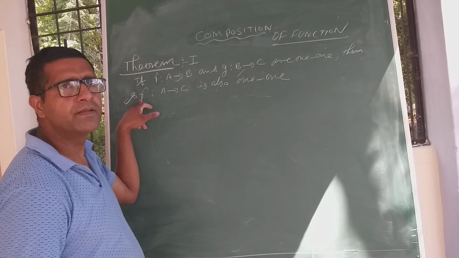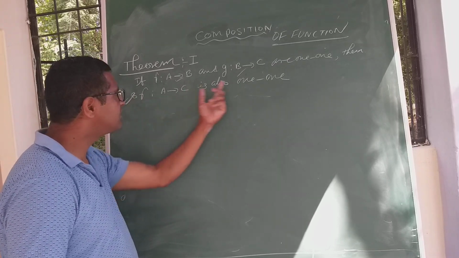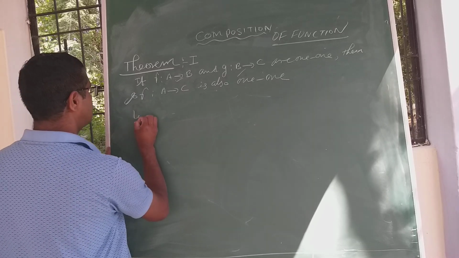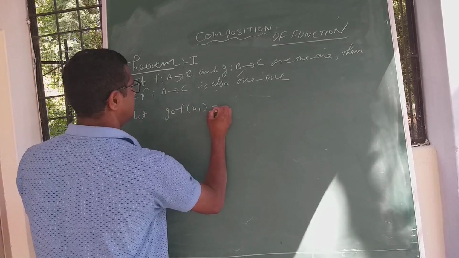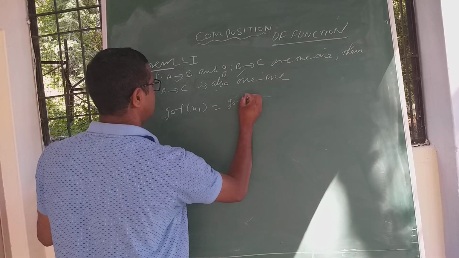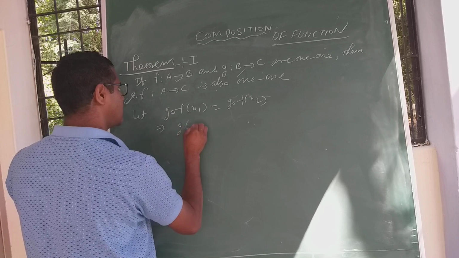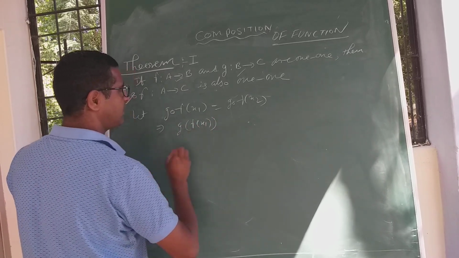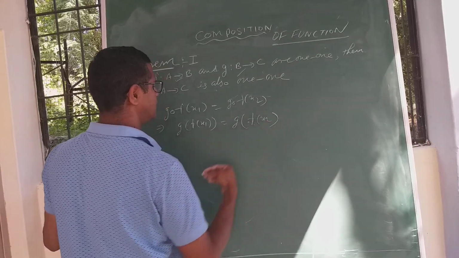Same way, we have to apply this definition. Since we have to prove that g of f is 1 1, I will write let g of f x1 equal to g of f x2, implies g f x1, by the definition, by the rule, equal to g f x2.